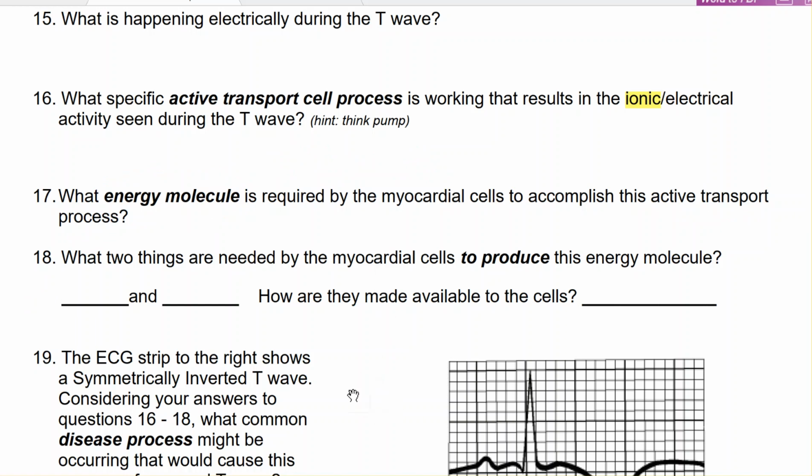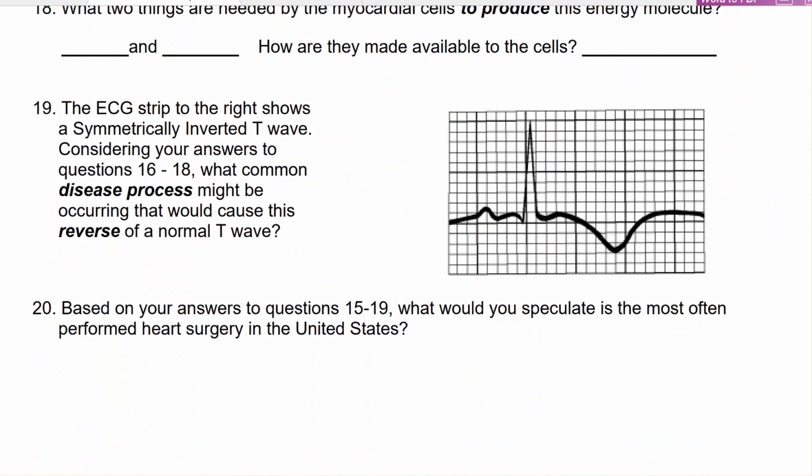And then the last question shows you an EKG strip, and we can see that on some level something's going on right here. Typically we'd have a bump, we'd go QRS, and we'd have a T wave, right? But somehow this T wave is inverted. And so I want you to think about what would happen if your ventricles are unable to depolarize.